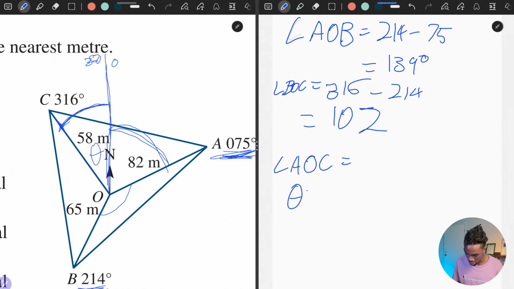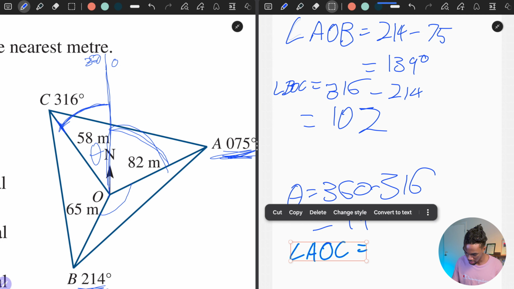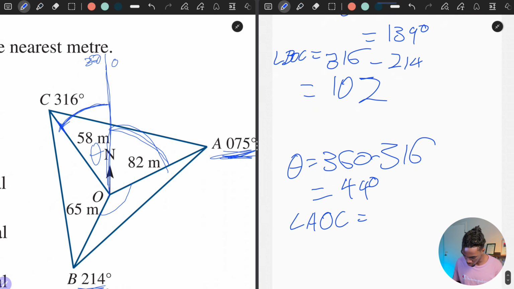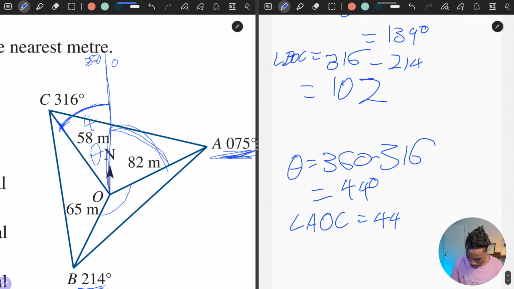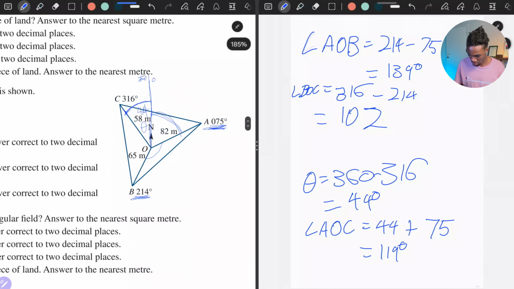So theta equals 360 minus 316, and that equals 44 degrees. Therefore angle AOC is equal to 44 plus 75, which equals 119. All right, simple stuff.